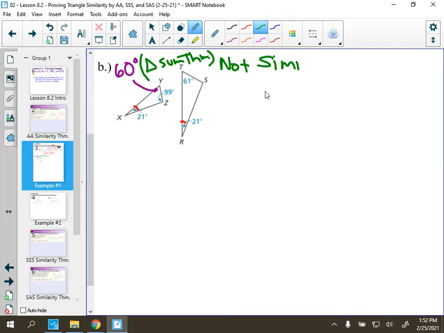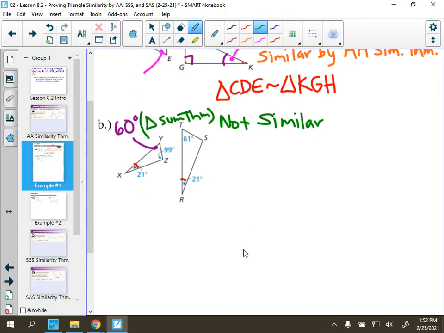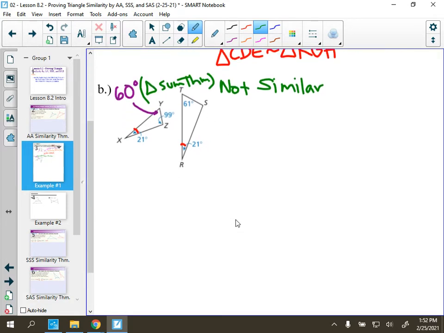Sometimes we struggle with these ones that are not similar, though, as far as it's still asking us to determine whether the triangles are similar. Explain how you know. How do I know they're not similar? How do I say that? If I want to be concise and short about this, I should say corresponding angles are not congruent.